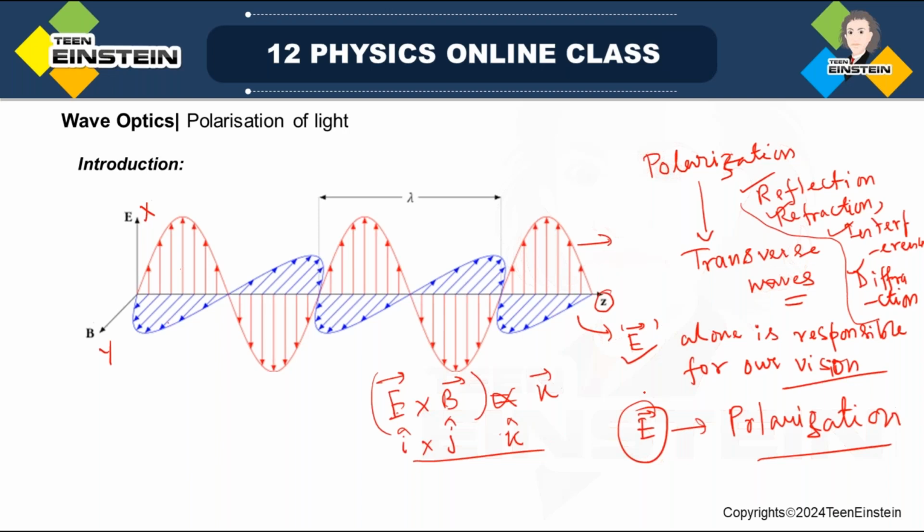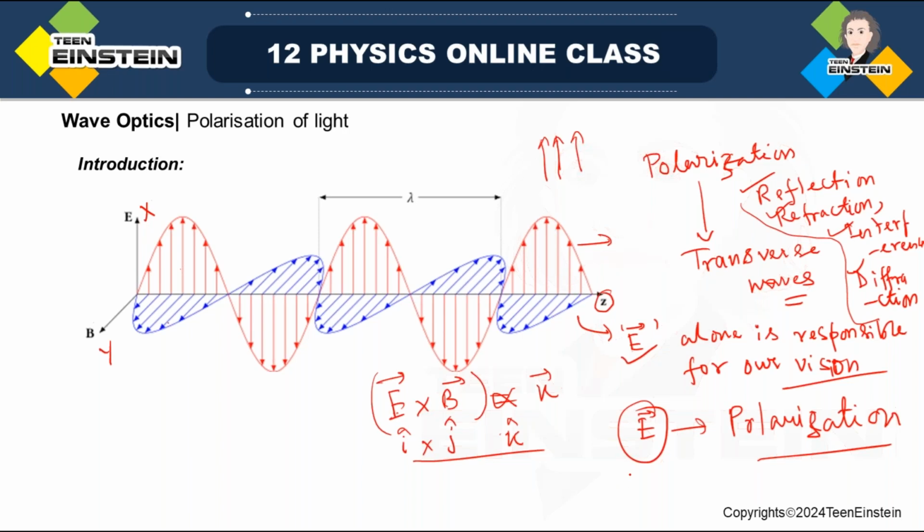Now, polarization is the phenomenon of light in which the electric field vector can oscillate in a particular plane or in a particular direction.